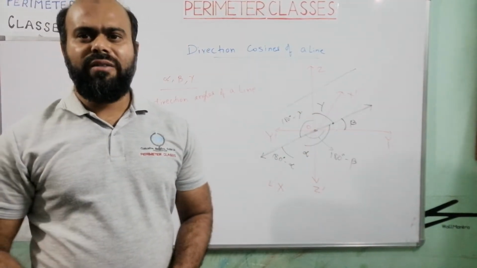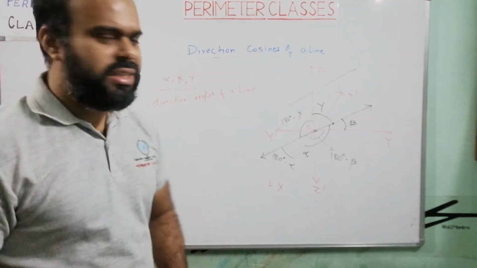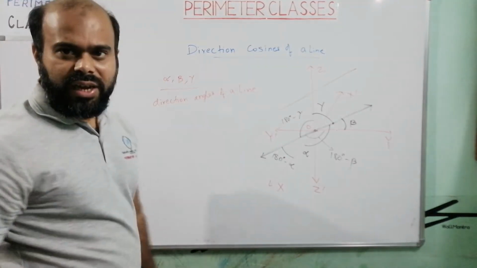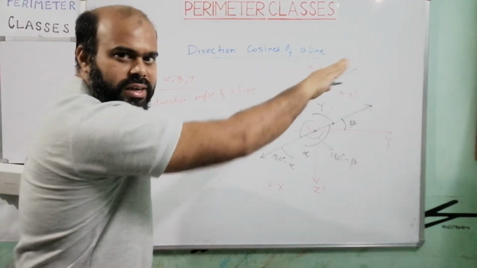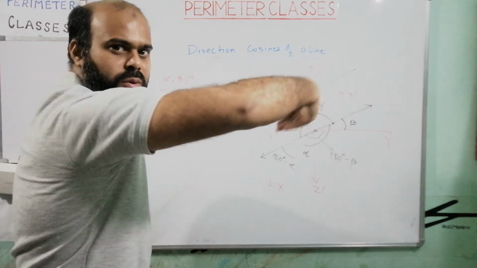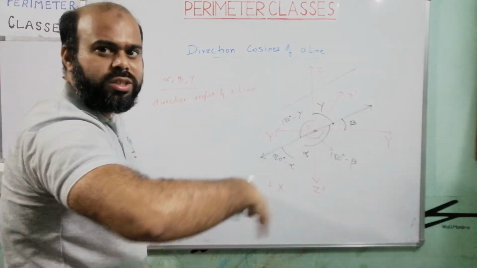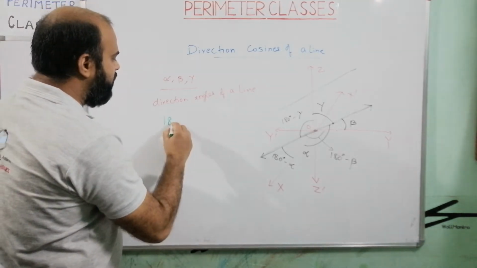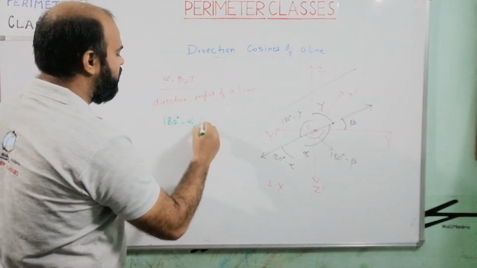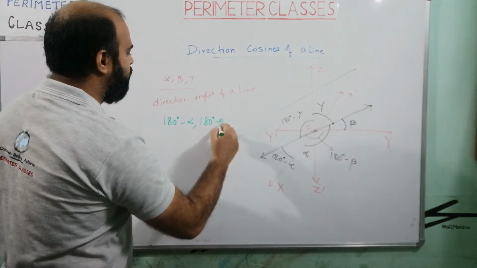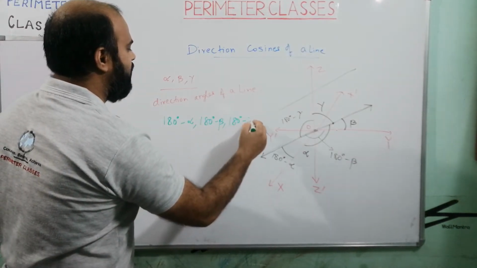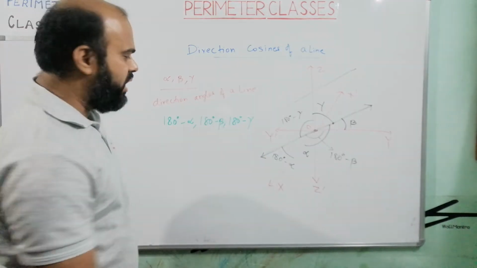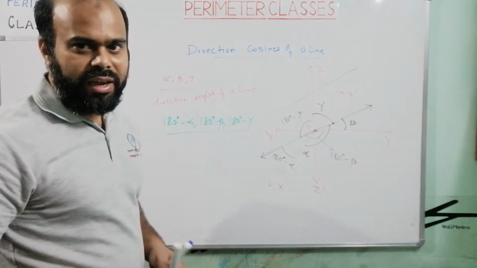So we also have two sets of direction angles. One is alpha, beta, gamma if it is pointed thisward. If it is pointed backward, downward, or some other opposite direction, then the direction angles will be 180 degree minus alpha, 180 degree minus beta, and 180 degree minus gamma. These are also the direction angles of the same line.